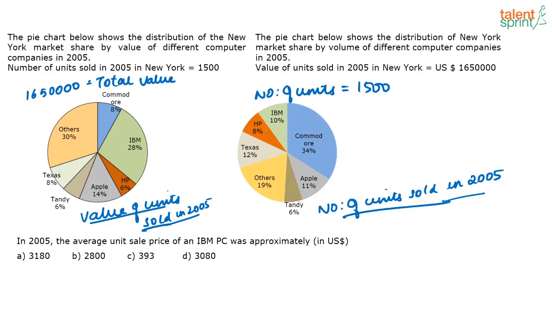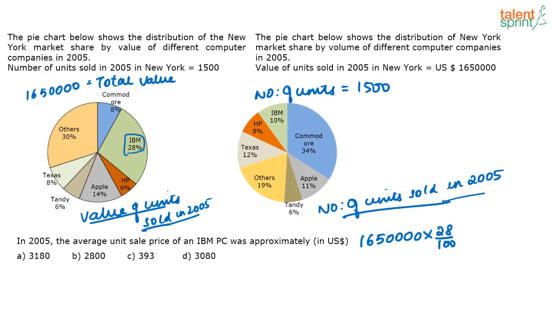Now, in the year 2005, what is the total value of the units sold by IBM? IBM constitutes 28% of the total value, correct? So for how much value has IBM sold its PCs? It has sold it for 165 followed by 4 zeros into 28 by 100. So for this much value IBM has sold.